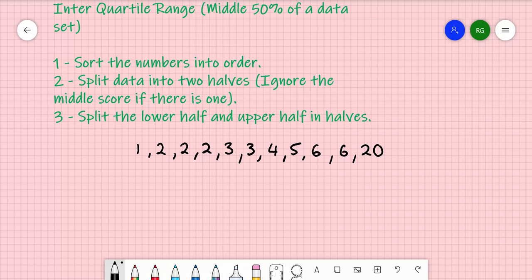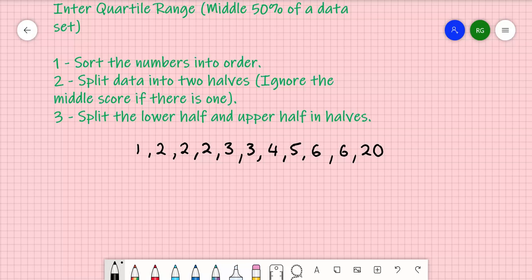So we are dividing a set of data into 4 groups, and then we are finding the middle 50%. So 4 groups, each group is 25% of the data. We're finding the middle 50%. What that allows us to do is remove outliers, so numbers that seem a little bit off.